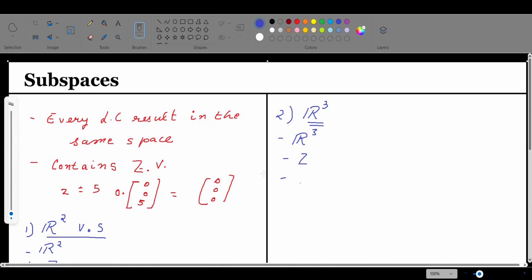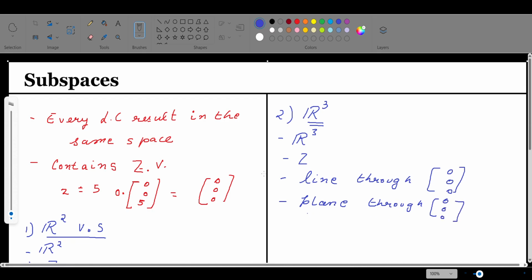Number 3, again, you have a line, but this time it passes through the zero vector 0, 0, 0. And you have one more subspace over here, which is a plane that passes through 0, 0, 0.